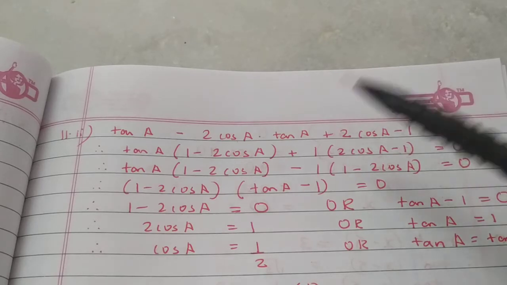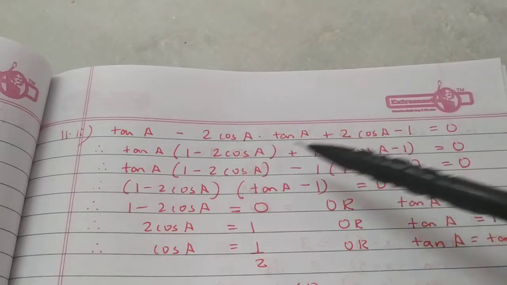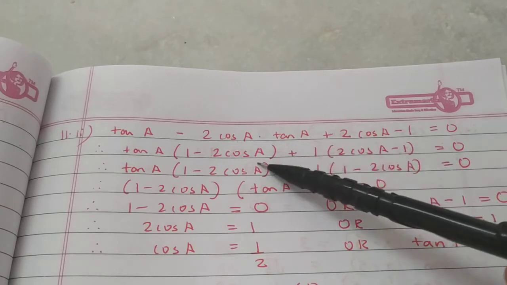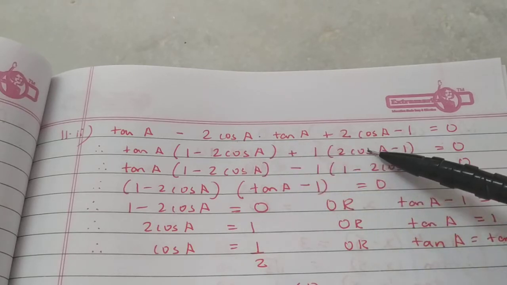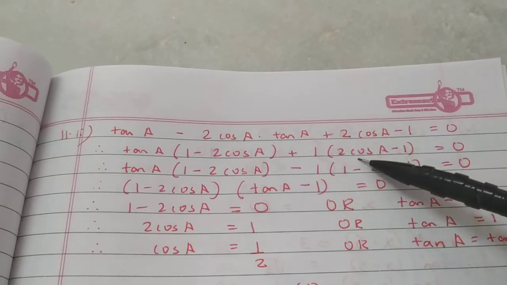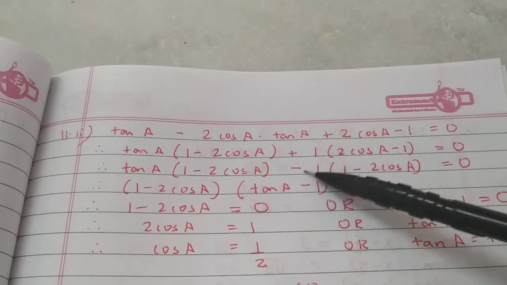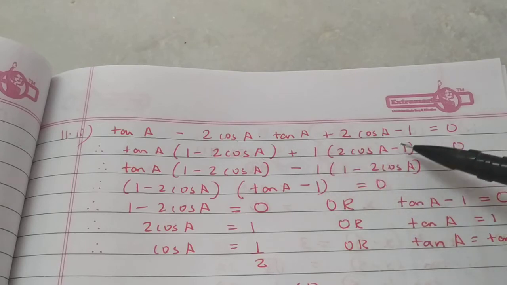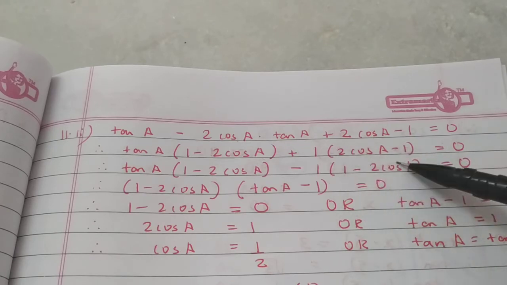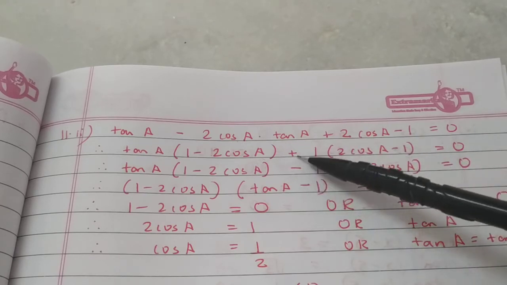Now, I was expecting these 2 brackets to be exactly identical, but they are not the same. What if we flip it? Then it will become the same, but when we do that, the outside sign changes. And this works only if there is a minus sign here. So whenever you flip a subtraction in the brackets, the sign outside changes.